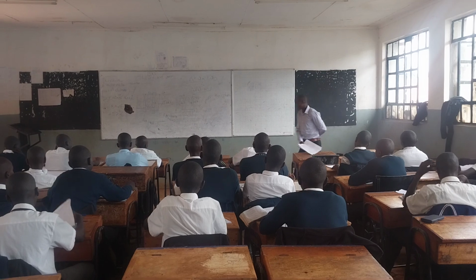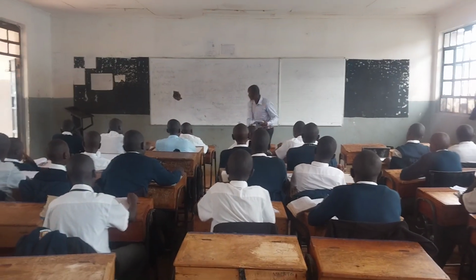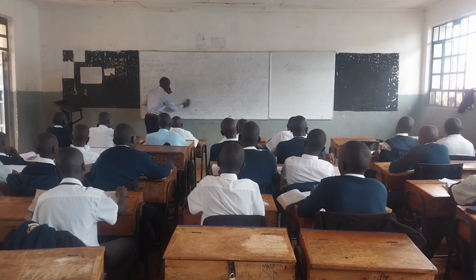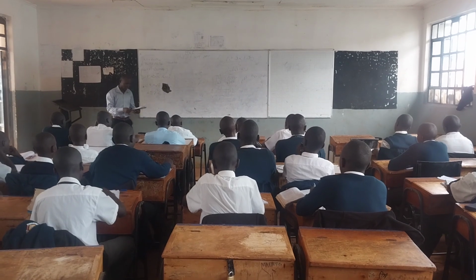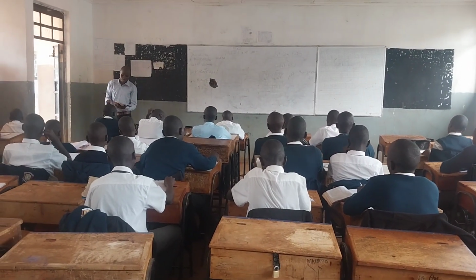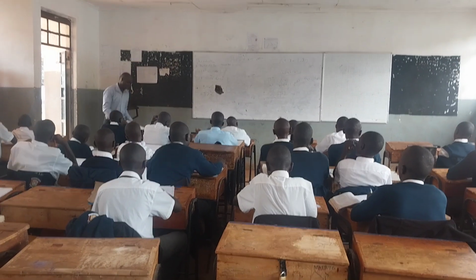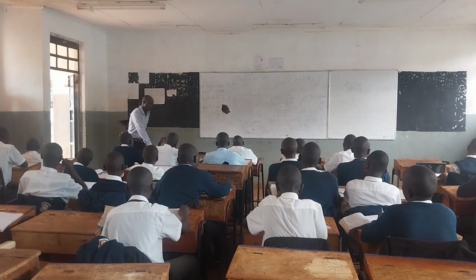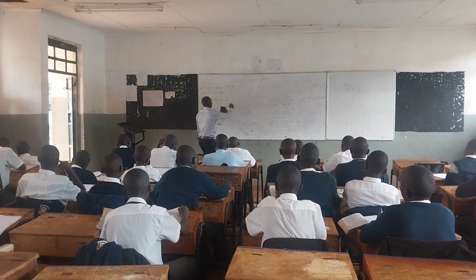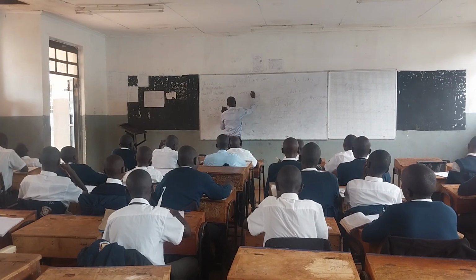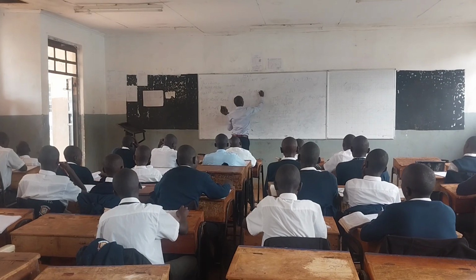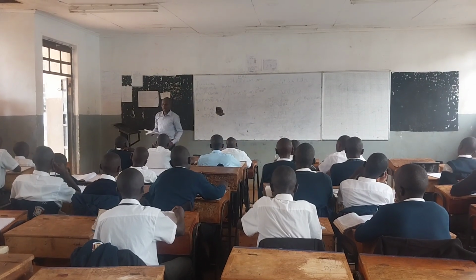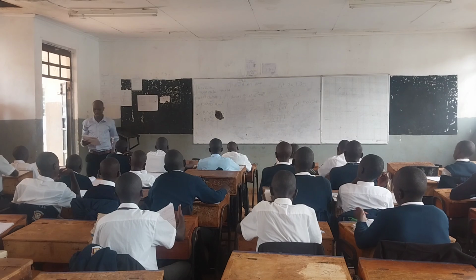Now, examples. Our first example. In an experiment, we estimate the size of an oil molecule. An oil drop of volume 5.0 times 10 raised to -3 millimeter cubed was placed on a water surface.